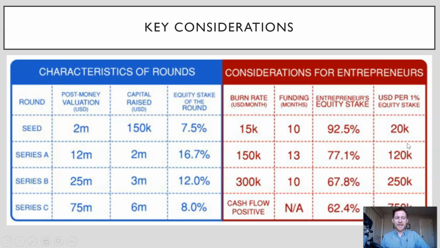Then we've got a metric to measure how valuable each percentage of the company is worth. As successive rounds happen, you're gaining more runway each time. The entrepreneur's stake is going down, but because the company is growing so much, the shares that they own are much more valuable in the end.